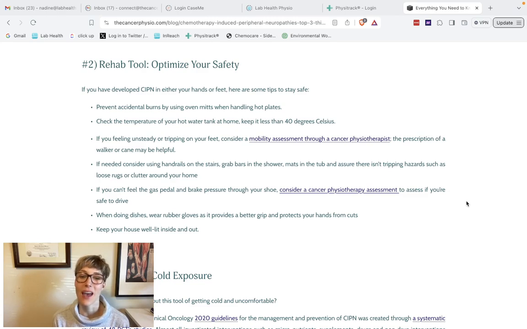If you can't feel the gas pedal and brake through your shoe, consider a cancer physiotherapy assessment to assess if you're safe to drive. Things like when you're doing the dishes, wear rubber gloves to provide better grip and protect your hands from temperature changes and cuts. Sometimes there isn't that ability to sense the temperature changes acutely. So these are just a few safety measures to take if you are experiencing CIPN.